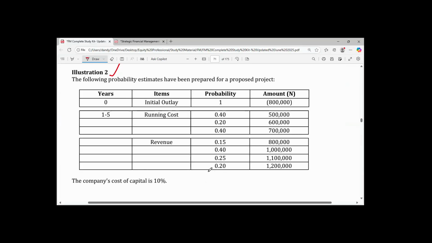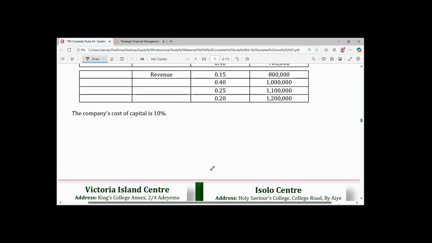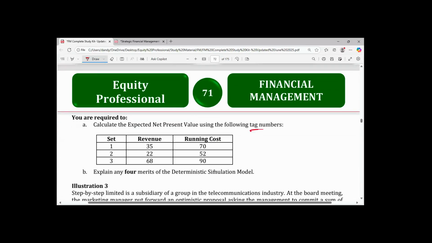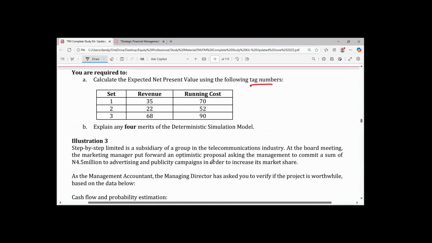We are given initial outlay, running cost, and then revenue. The company's cost of capital is 10%. You are required to: A, calculate the expected net present value using the following tag numbers. Then B, explain any 4 merits of the deterministic simulation model. All right, so that is the question.